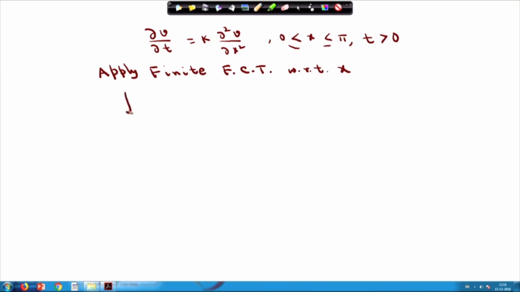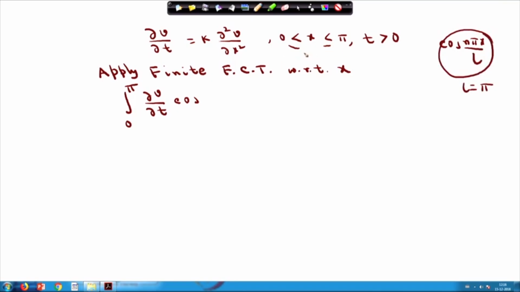So, your left hand side will be integral from 0 to L, where L is equal to pi over here. So, integral 0 to pi of del v del t, I am using finite Fourier cosine transform, equals cos n x, because your formula was cos of n pi x by L, and L is equal to pi here, since x lies between 0 to pi.